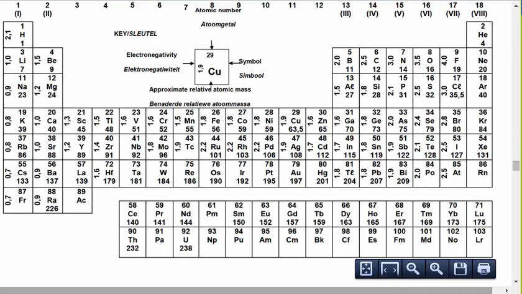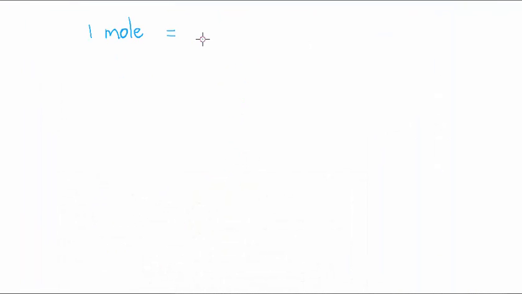That's the one part. So in other words, 1 mole is equal to the atomic mass.